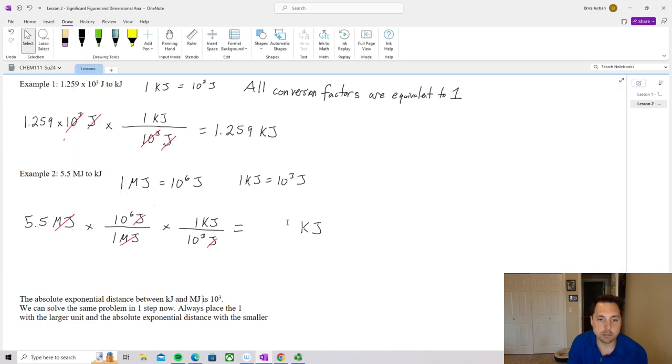When we want to simplify this, 10 to the sixth divided by 10 to the third, well, if you remember our exponent rules from lesson 1, that's just 10 to the third power. So we have our final answer. It's 5.5 times 10 to the third kilojoules.